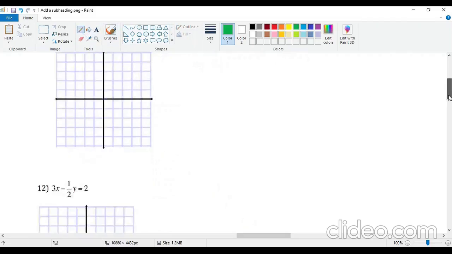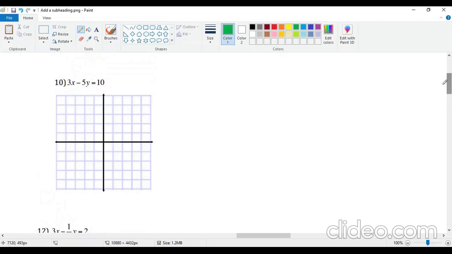Now this is another question. I guess we have two more. Yes, two more. I have selected the complex one. Some students find it difficult to solve. Anyways, the question is 3x minus 5y equals 10. I'm going to take this one on the other side to make y positive: 3x minus 10 equals plus 5y.